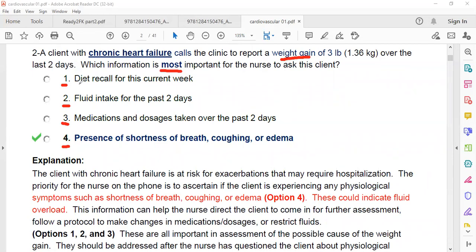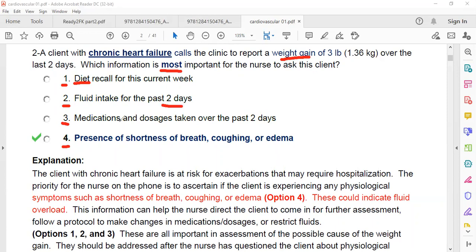The question asks about the diet, it is not the priority. Fluid intake is an important question. In input and output, we can measure it, but fluid intake the past 2 days is not that important too.